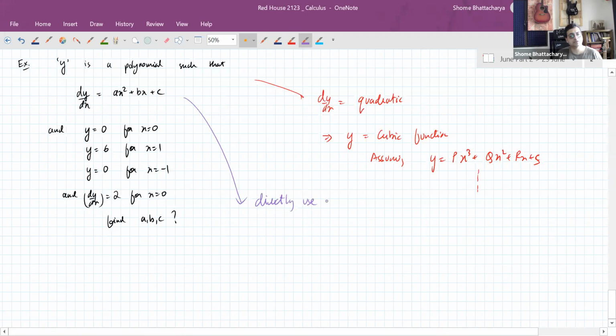We'll directly use integration. So that basically means that if dy by dx is given to us as a function, okay, that means y is the antiderivative of that function. Because we know that this implies this only.